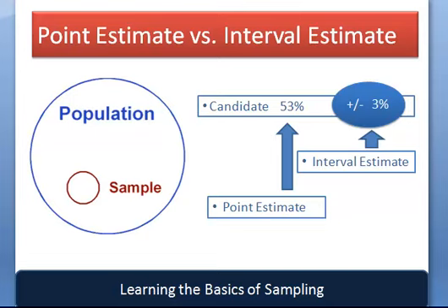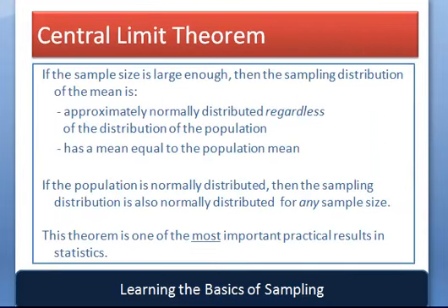Now, when we talk about sampling distributions versus population distributions, we have a couple things working in our favor. First of all, there's a central limit theorem that basically says if the sample size is large enough, then the sampling distribution of the mean approximates a normal distribution of the population and has a mean equal to the population.